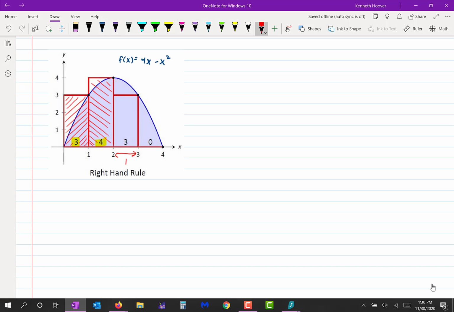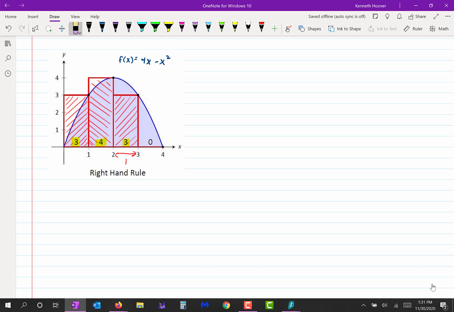The width is 1. What's the height? The right hand end point is a 3. F of 3 is 12 minus 9, which is 3. So for this rectangle right here, the width is 1, the height is 3, the area is height times width, which is 3 times 1, which is 3.